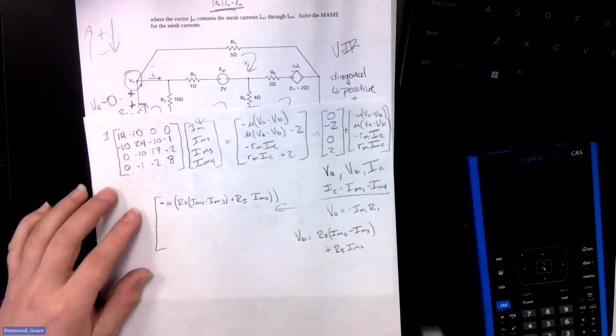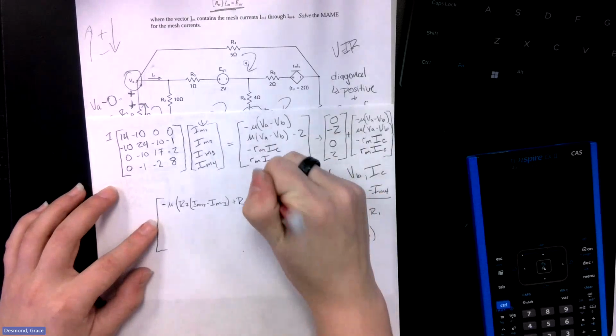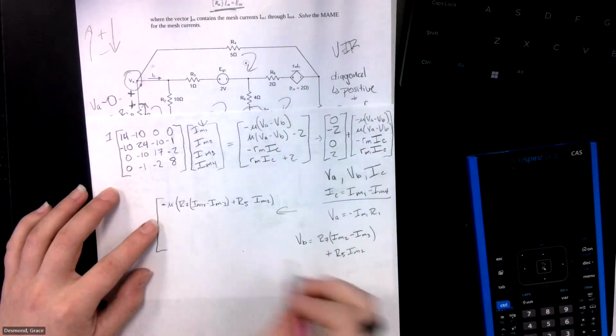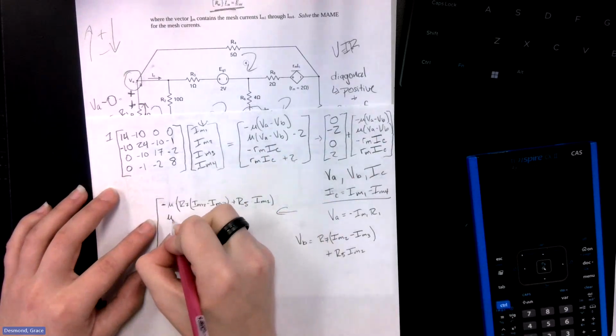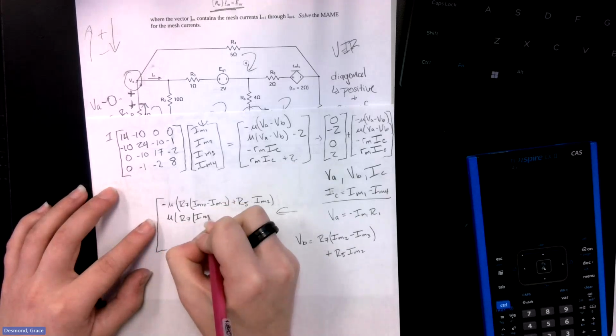Too many parentheses. And then next one, we have positive mu 7. Also, if I make a mistake, please call me out.